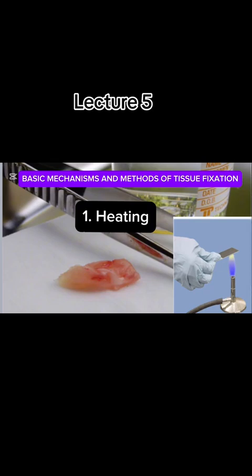This method is rarely used for tissue specimens, but it's commonly applicable for smear preparation for microbiological studies, for example, bacterial smears. So, in heating, proteins coagulate and adhere to the slide, preserving the morphology of microorganisms. However, heat can cause tissue distortion, and it is therefore unsuitable for detailed histological or cytological studies.